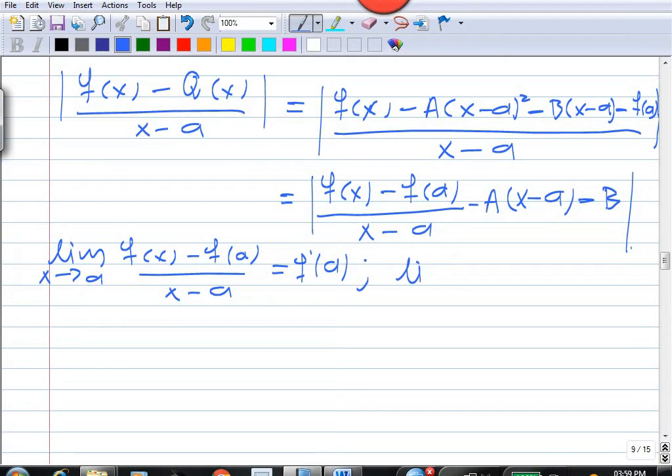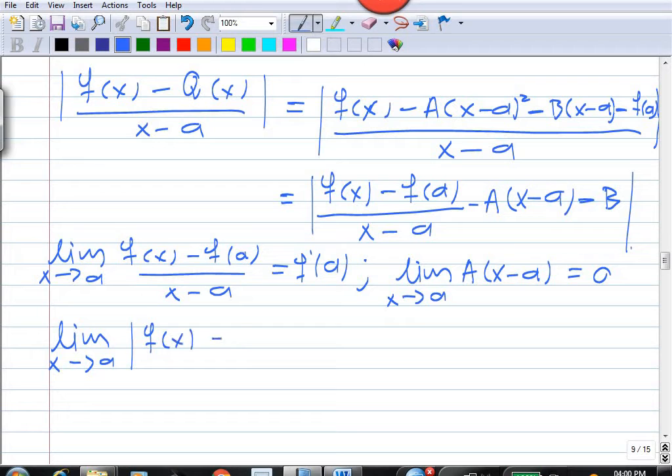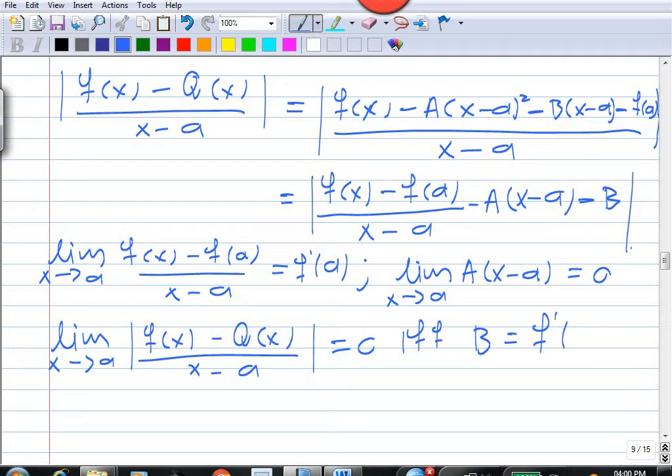And we know what the limit as x goes to a of x minus a is. It's 0. So the limit of this relative error, limit x goes to a, absolute value f of x minus q of x over x minus a, is going to be 0 if and only if b is the derivative of f at a.